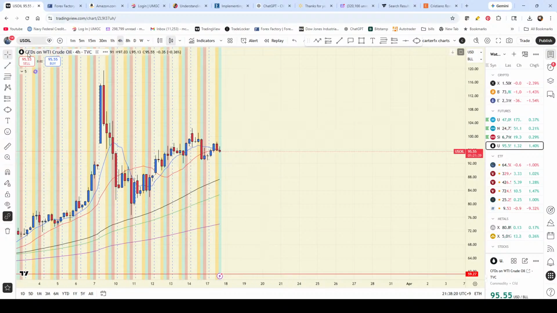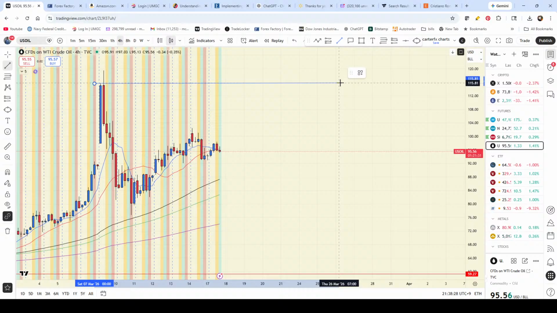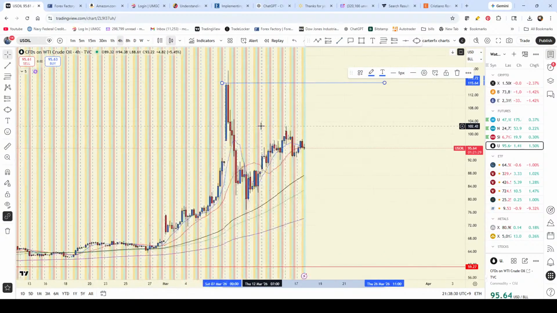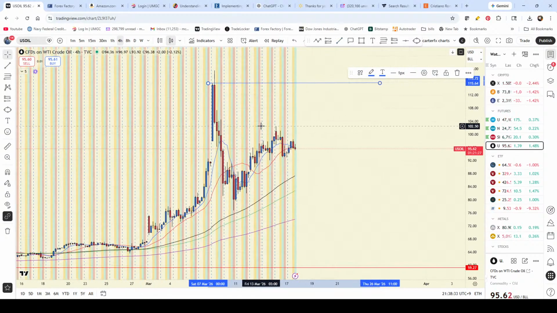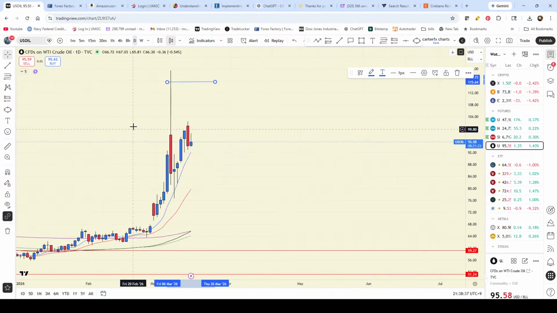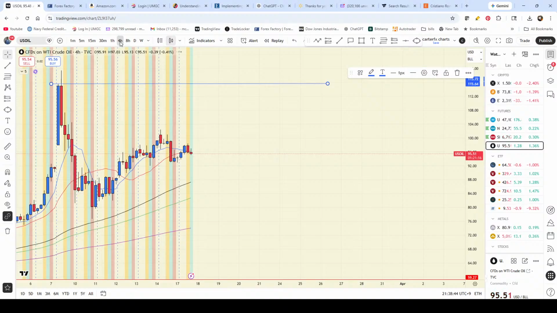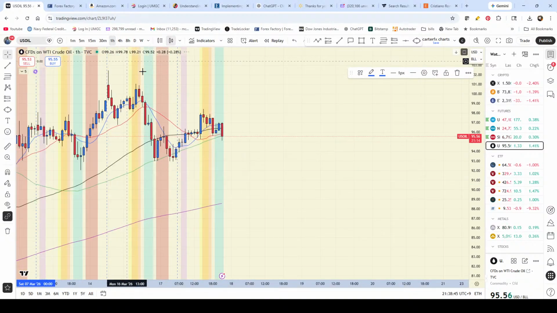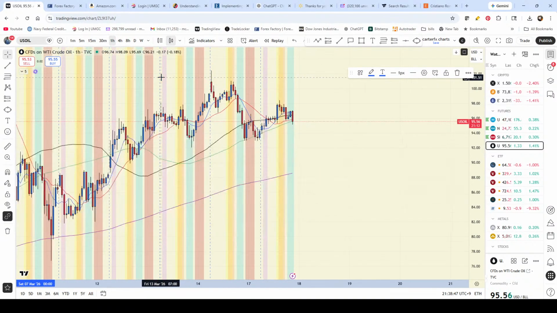Meantime, we just mark some key levels off. Oil. Let's see what we got on oil. Very crazy price movement.